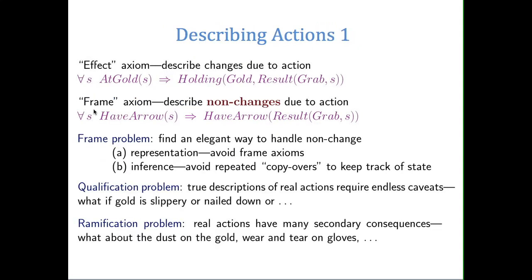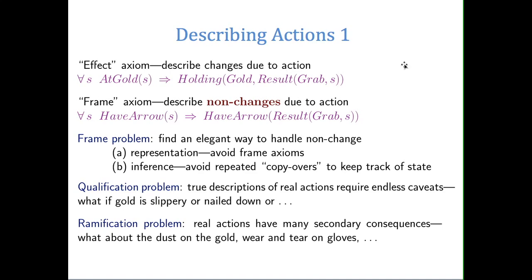How do we keep track of all this? So we could have an effect axiom that describes changes due to action. So we could say for all s, at gold s implies holding gold as a result of grabbing in s. In other words, this second part was the result of some action at some time, and the new result is going to be holding gold in this situation.